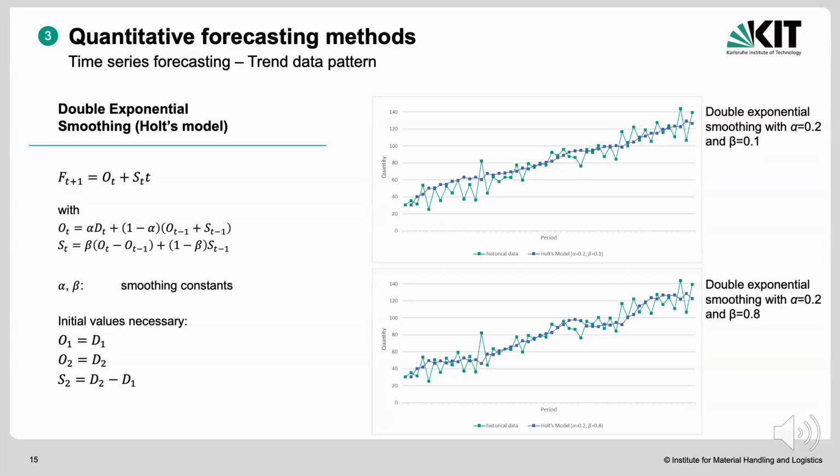So we have an offset in the first period, and for these, we use the demand at periods 1 and 2. And the first slope is then the difference between the first two demands. You see here what is happening. We have a low alpha, so the impact of the actual demand is low, and we vary beta, which is the factor for how the slope is adjusting.